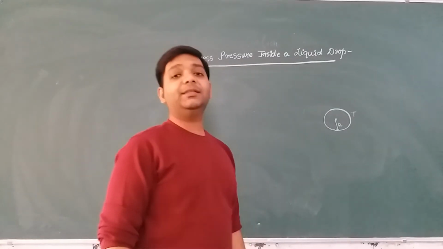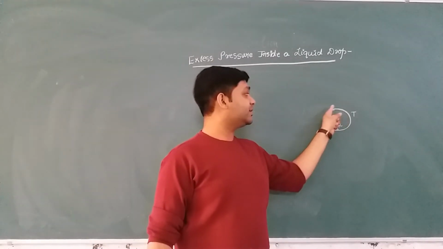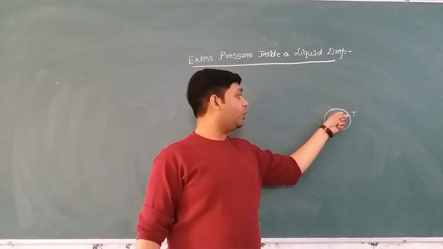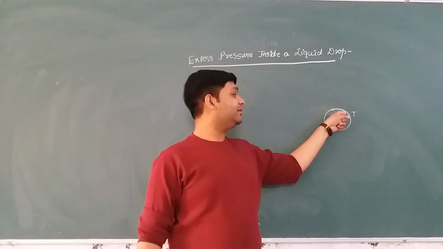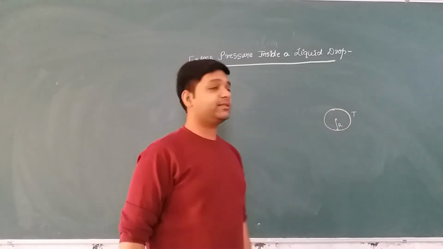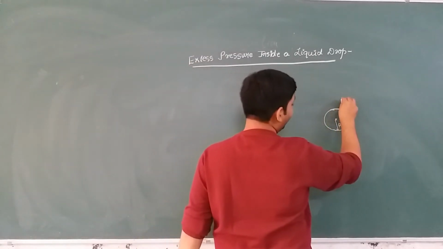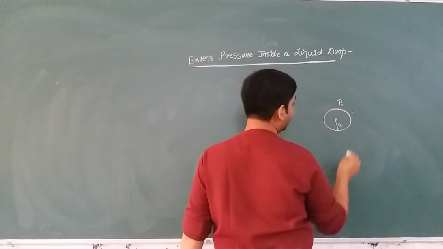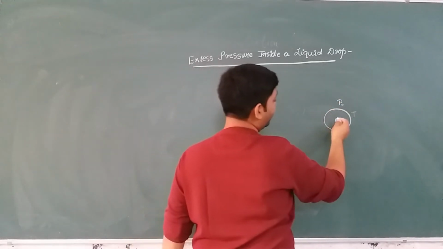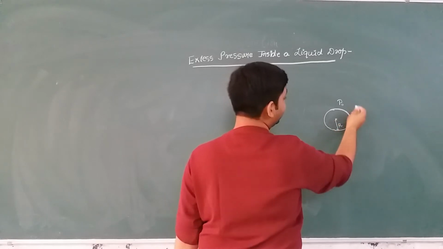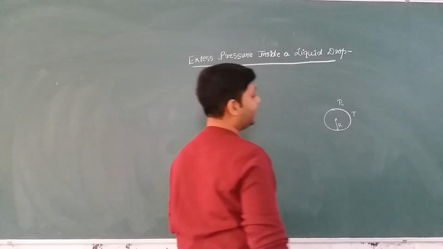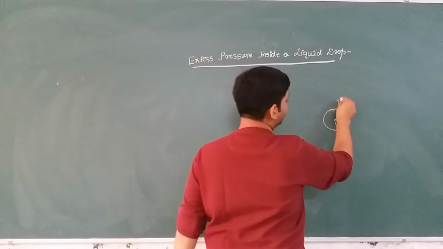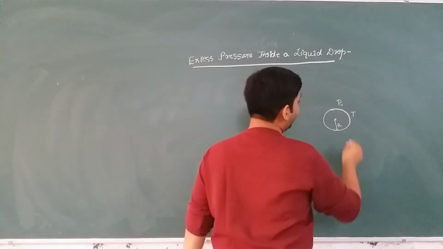Just now we saw that whenever a liquid surface is curved, there is always an excess pressure on the concave side of the surface than the pressure on its convex side. This is the convex side, and let's say the pressure outside is P naught. If this liquid drop is exposed to the atmosphere, then the pressure outside it will be equal to the atmospheric pressure P naught.